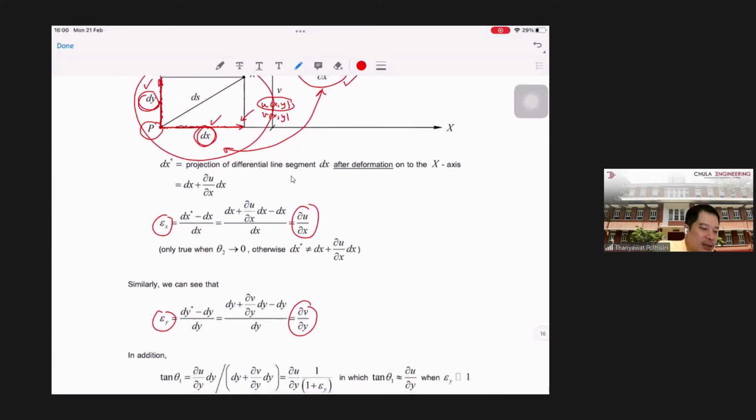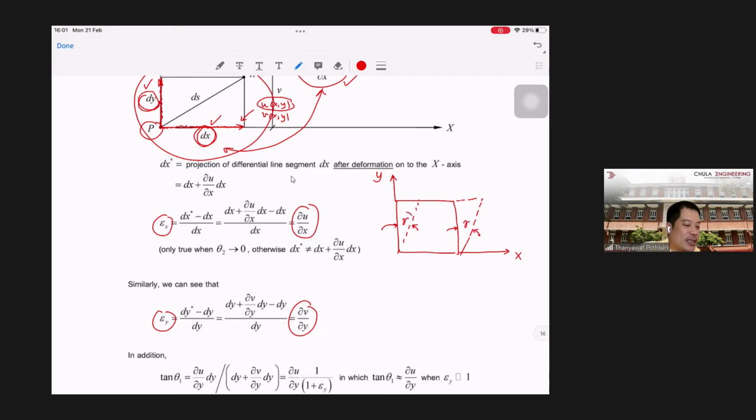So when you describe engineering shear strain, we normally think of engineering shear strain as something like this. So this is the change of angle, right, or your engineering shear strain.